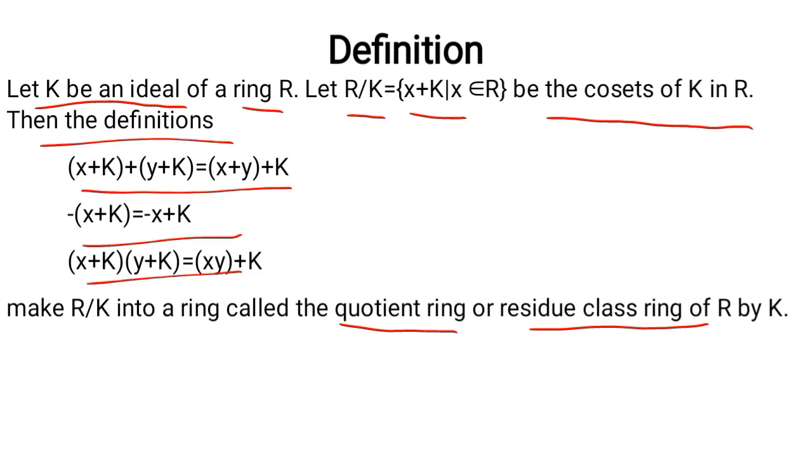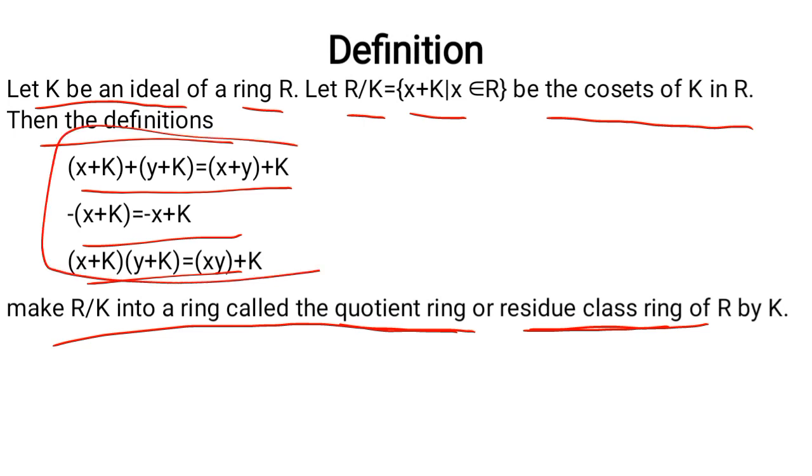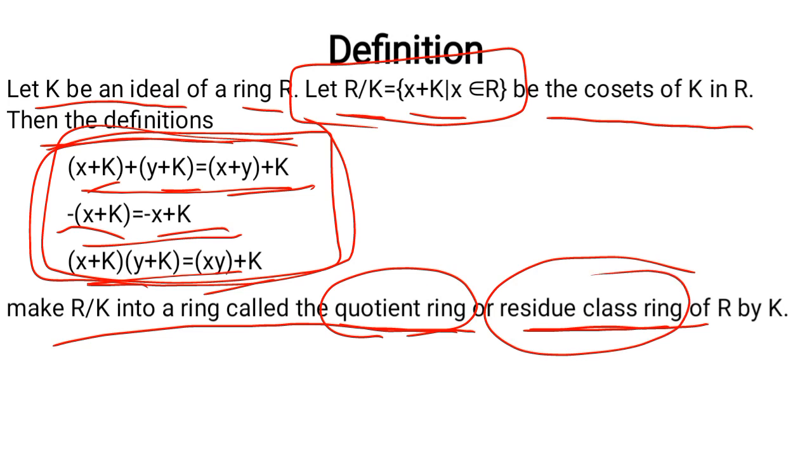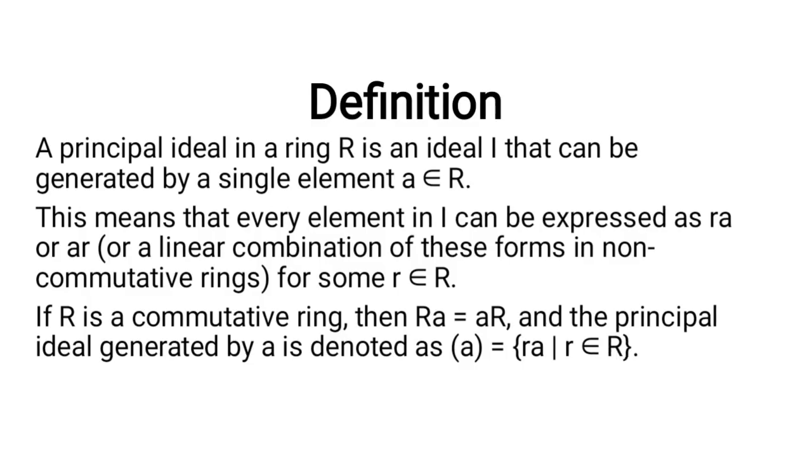The collection of such cosets is called the quotient ring or the residue class ring of R by K. This is the way elements in this particular quotient ring behave. If you pick two elements from the ring and add them, you will get this result. If you're taking the negative of it, you will get this. If you're multiplying them, you will get this. That's what it's saying. But then they're called the quotient ring or the residue class ring of R by K.